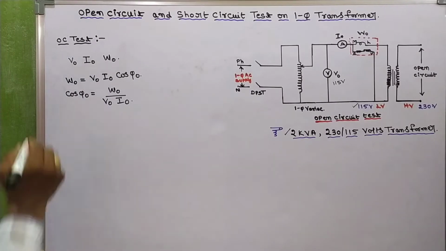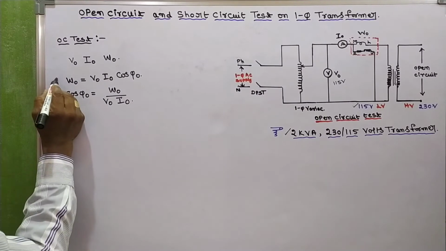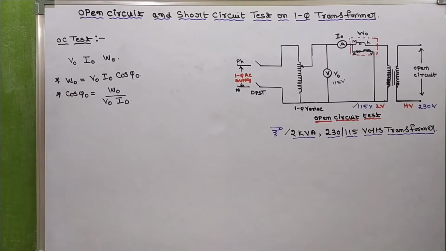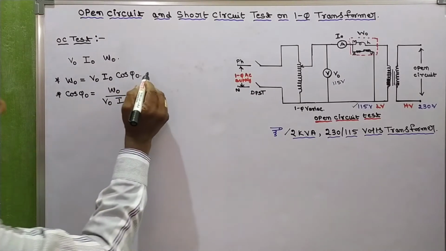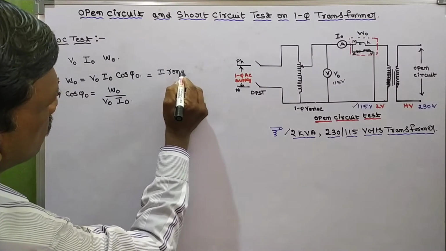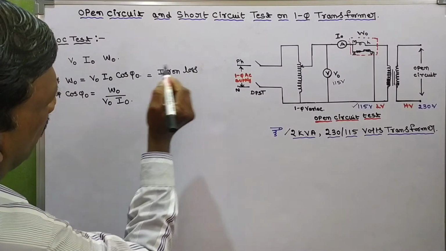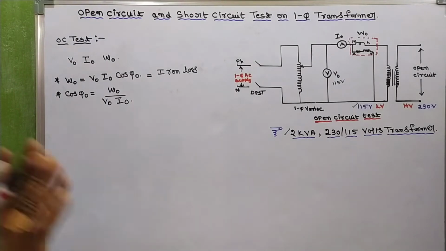So this is cos phi naught and this is no load power W0. No load power W0 is equal to the total iron loss. W0 gives total iron loss.